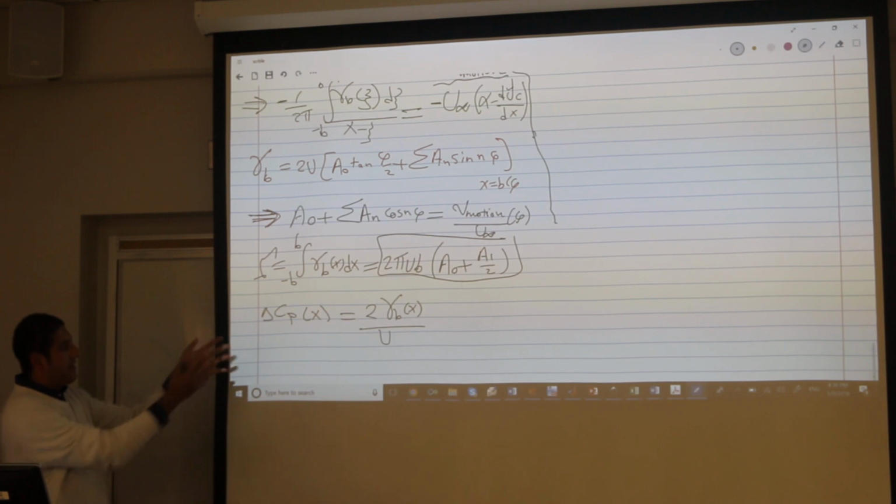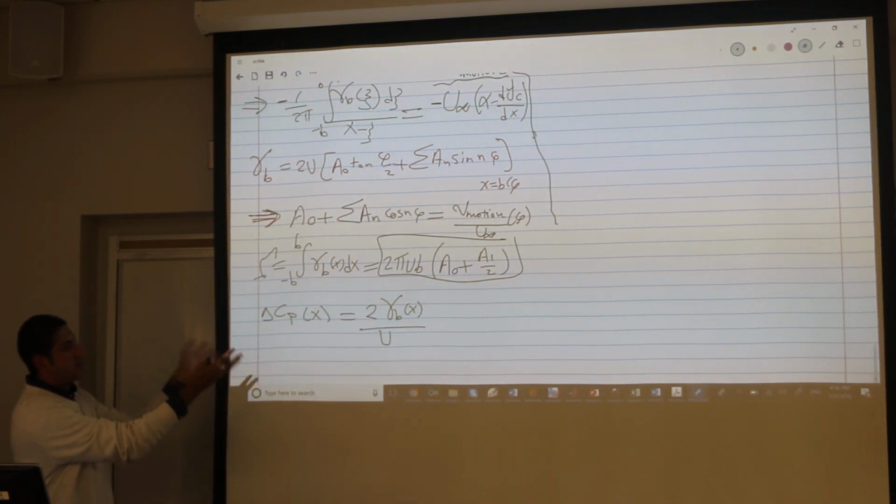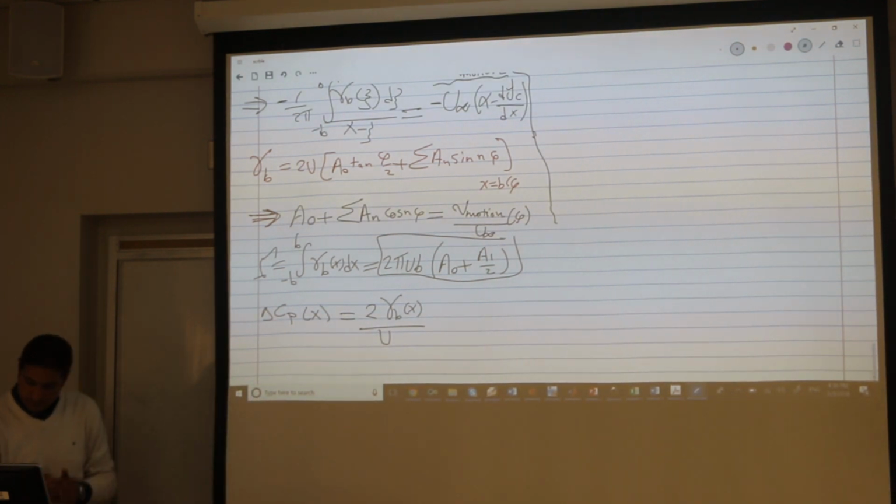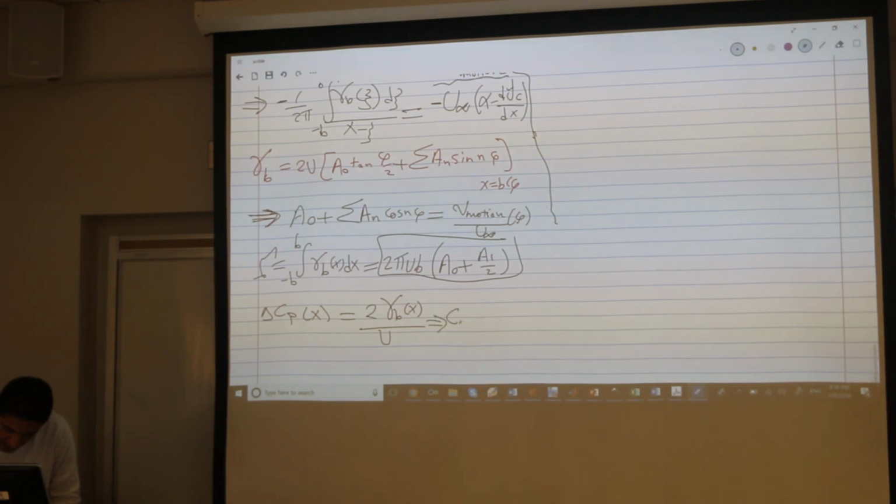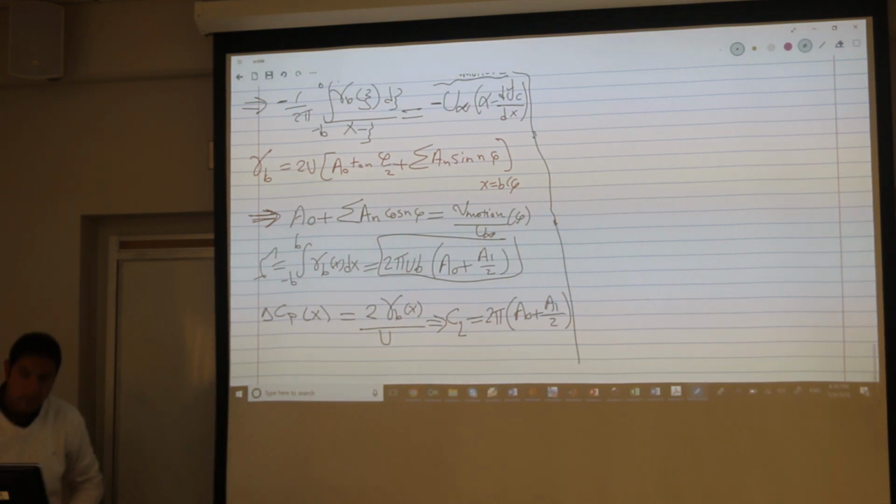This is why the lift in the steady flow is simply rho U gamma. This gives you that CL is 2 pi, depending on the exact same coefficients, the exact same way. Okay?